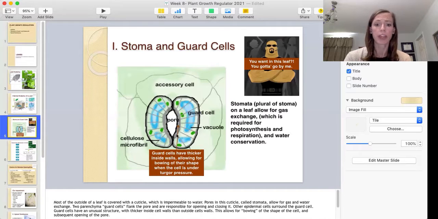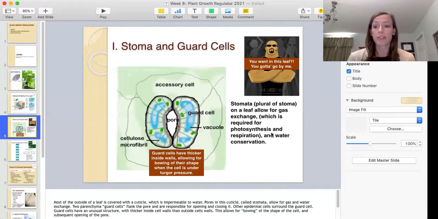They have a thicker inside cell wall, as well as some supportive structures, which allow for the bowing of the guard cells and the opening of that pore when water enters the guard cell. So as water moves in, it's going to create this bowed appearance to the guard cell, which in turn causes the opening of the stomata, okay, of the stoma.